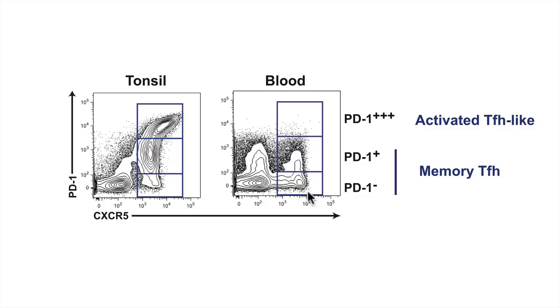So among that heterogeneity, some populations are more prominent in terms of their frequency compared to others. And one such marker is PD1. And PD1 is of interest, of course, because it is very highly expressed by TFH cells.